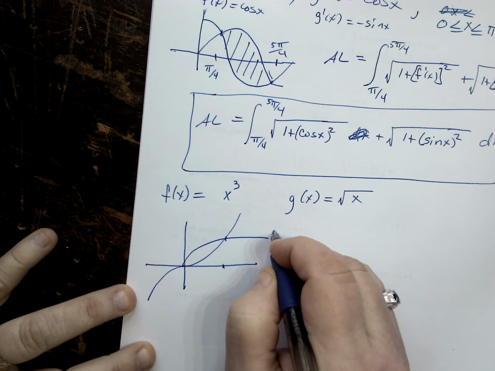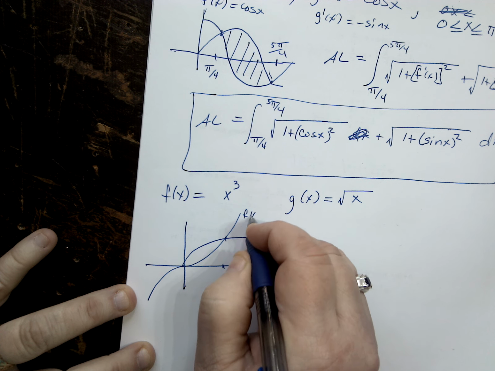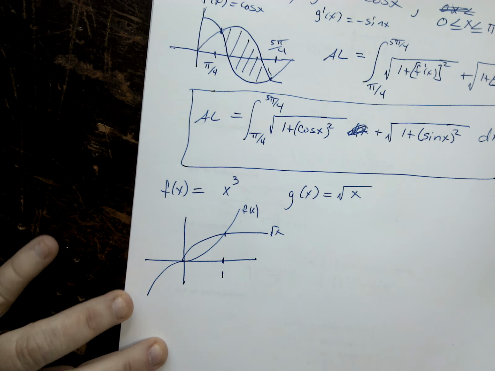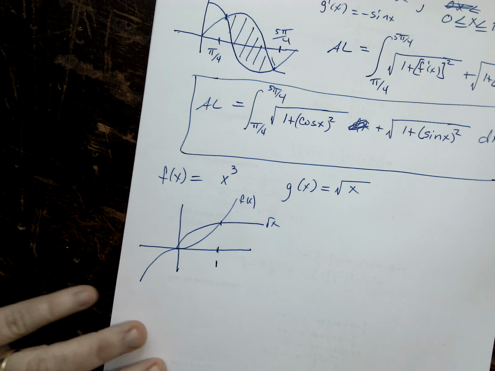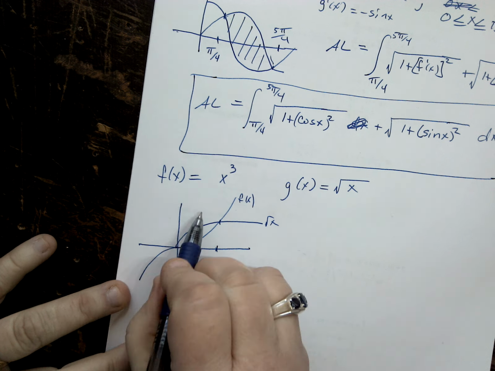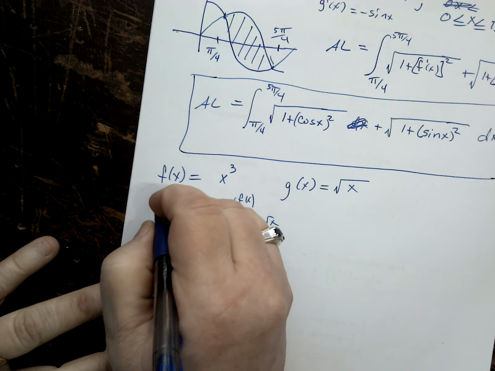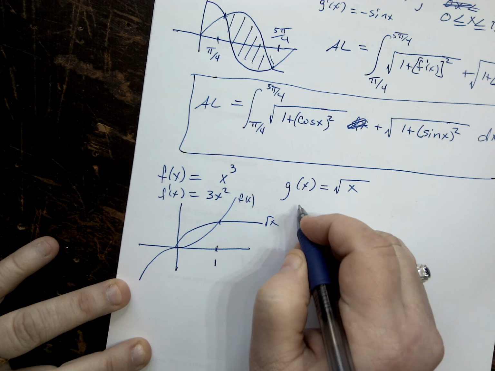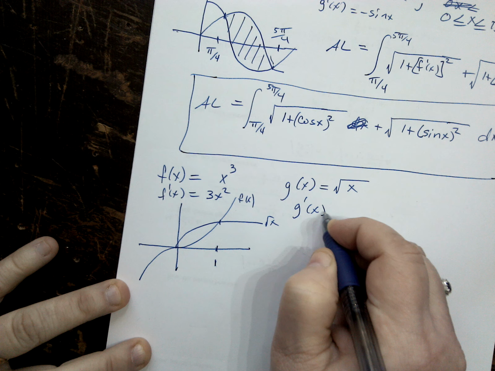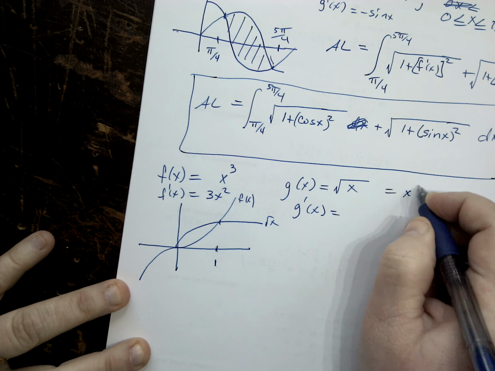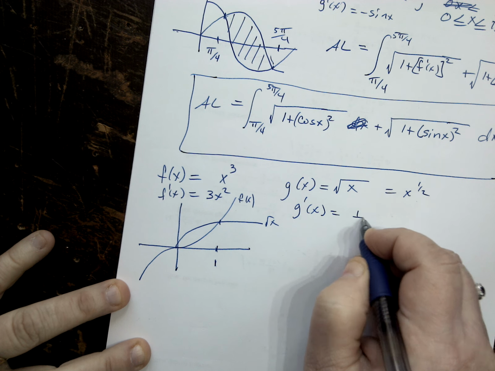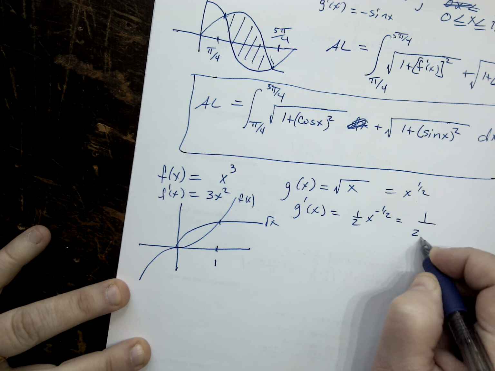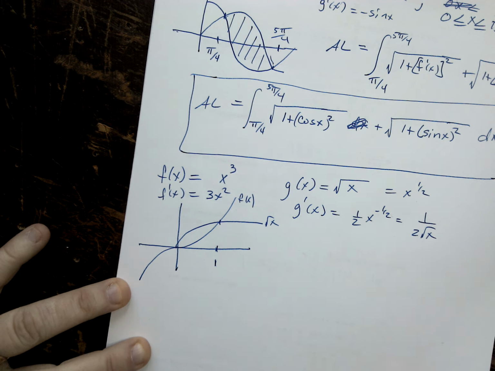At this point they connect at 1. So for this, our integrals will go from 0 to 1. I need the derivative of f and the derivative of g. We know that's x to the 1/2, so the derivative is 1/2 x to the negative 1/2, or 1 over 2 square root of x.